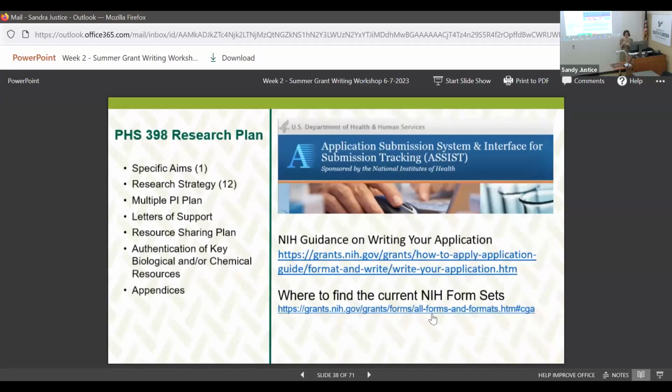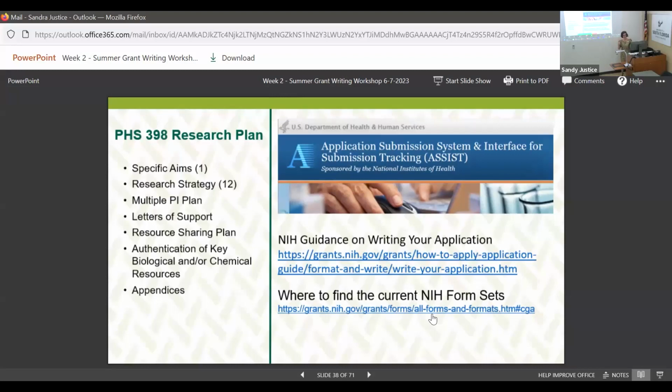So your research plan. This is the heart of your proposal. This is where you're going to say, this research is so important. This is why I want to make a contribution to the field. This is why it should be me, right? Your specific aims. So this is the 398 form, making sure I've got the number right, is where you're uploading all these pieces.